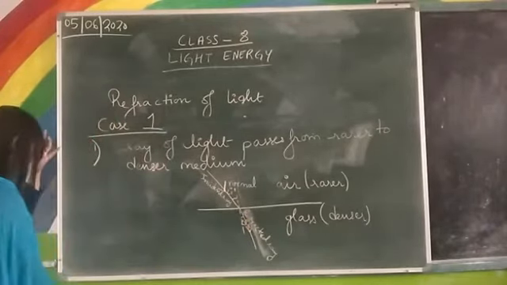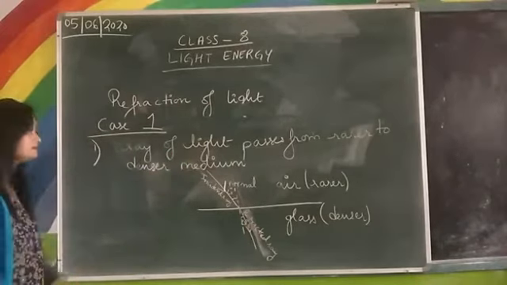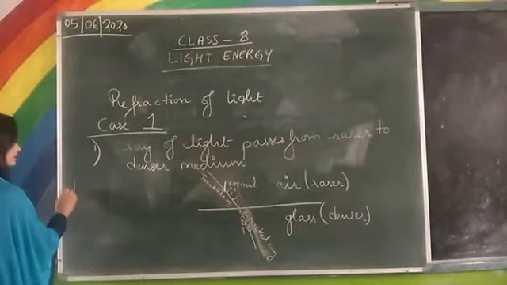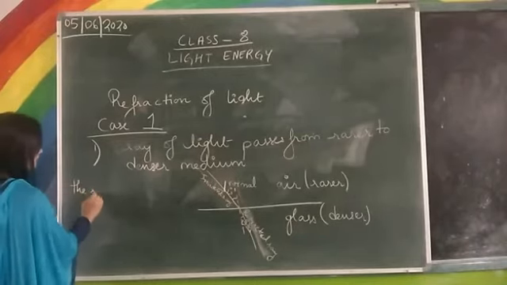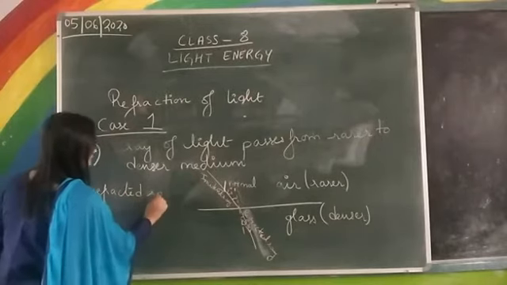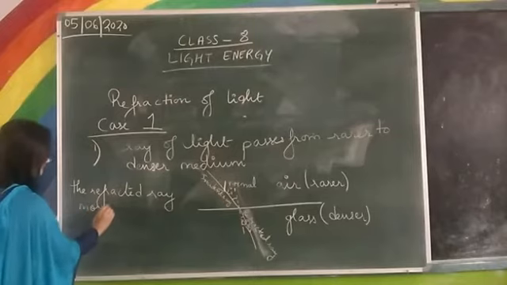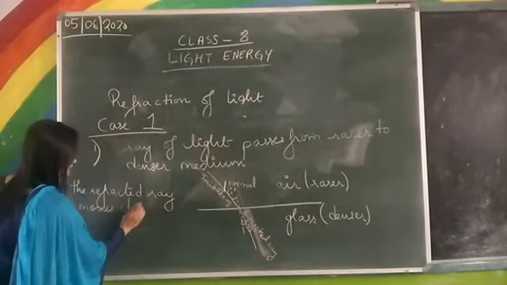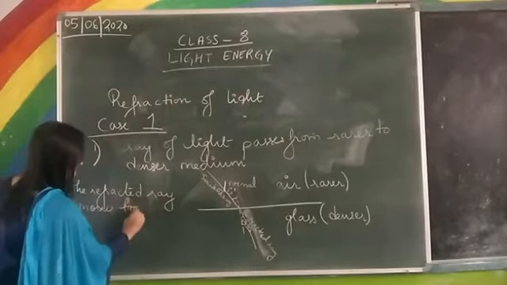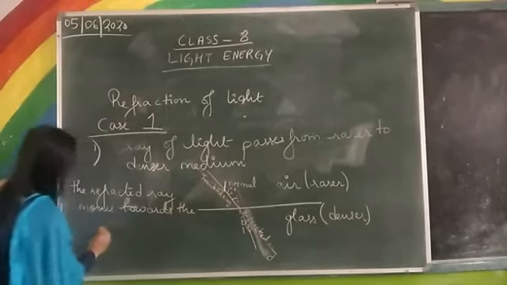So what are the conditions here? When a ray of light passes from rarer to denser medium, the refracted ray moves towards the normal.